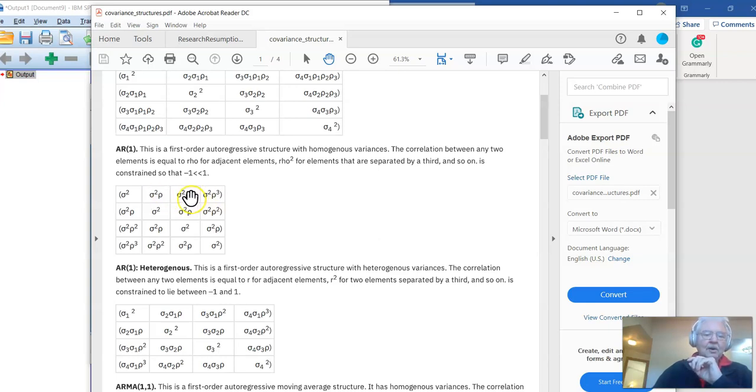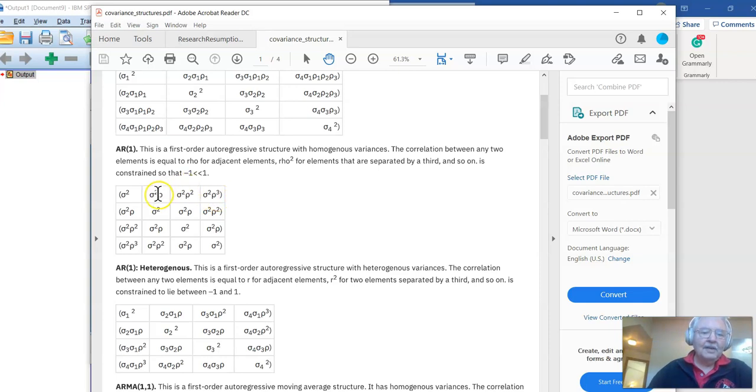Then for the 1 and 4, you square it again, so it's cubed: 0.36 times 0.6, which is in the neighborhood of 0.12.